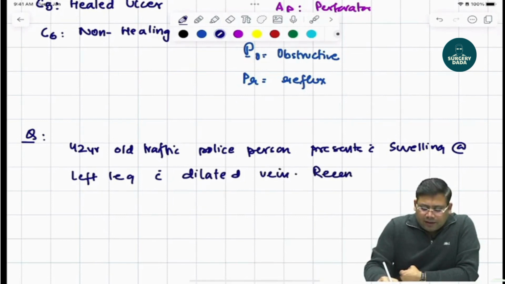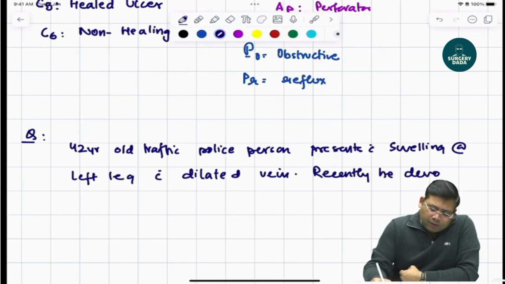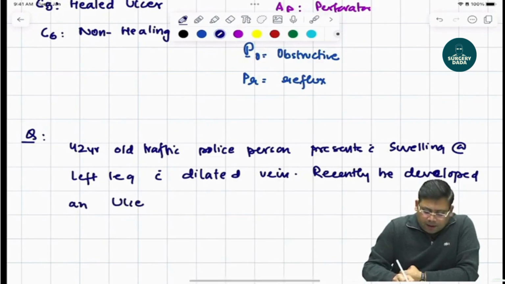Recently he developed an ulcer above the medial malleolus.